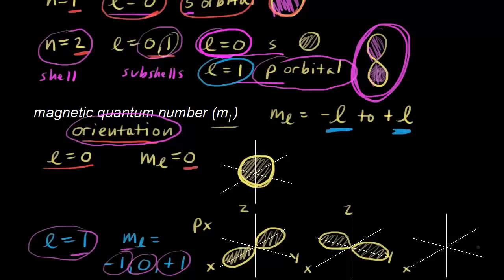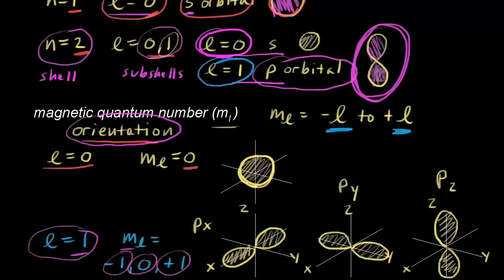And then finally, we could put a dumbbell on the z-axis like that. This would be a pz orbital, and the one on the y-axis would be a py orbital. So we have three p orbitals, one for each axis.